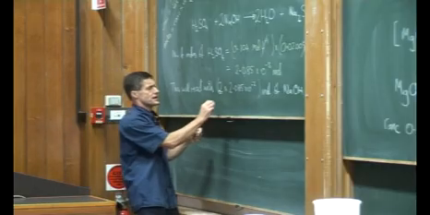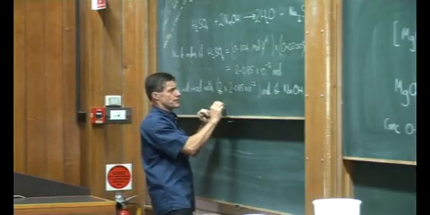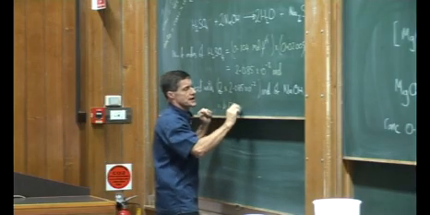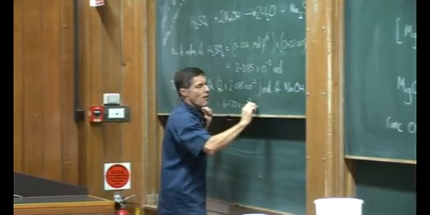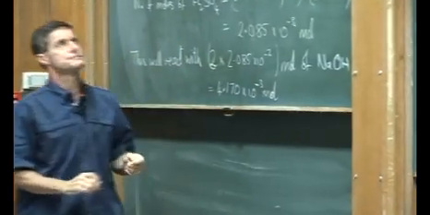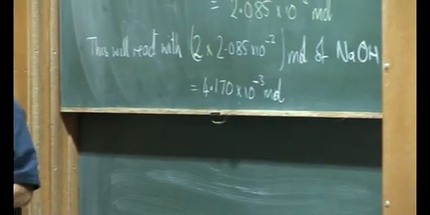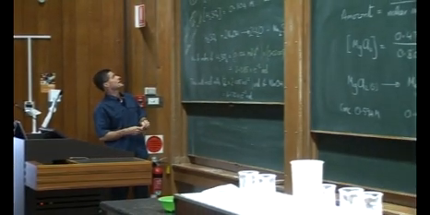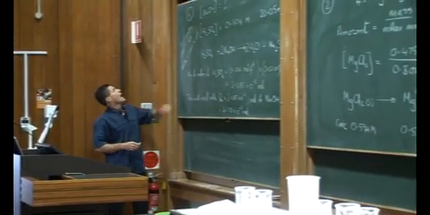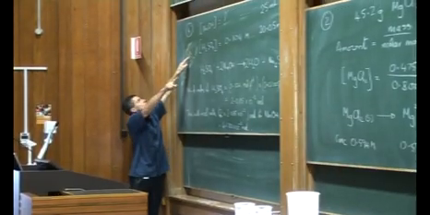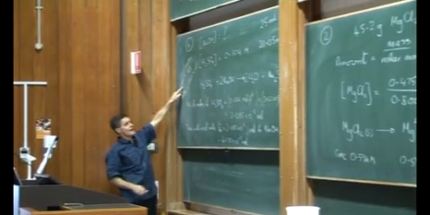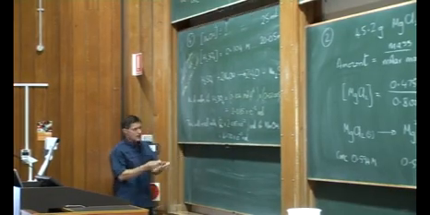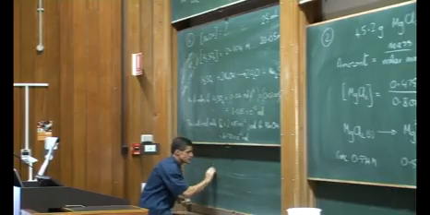And if I just calculate that out, twice of that, 4.170 times 10 to the minus 3 moles. So I've now got the number of moles of sodium hydroxide that has reacted in this equation. I've got the moles, I've got a volume of sodium hydroxide, so I'm now able to calculate a concentration of sodium hydroxide, which is what I want to answer my question.